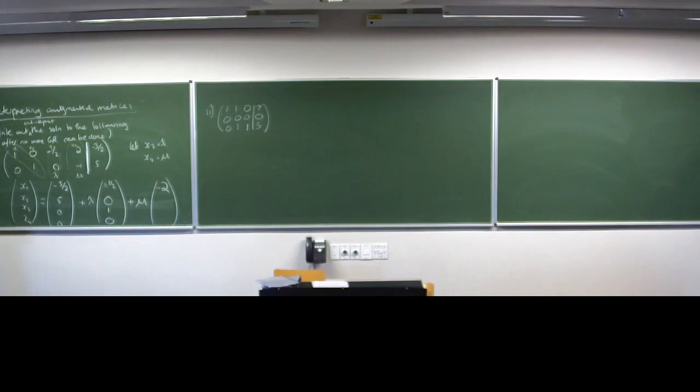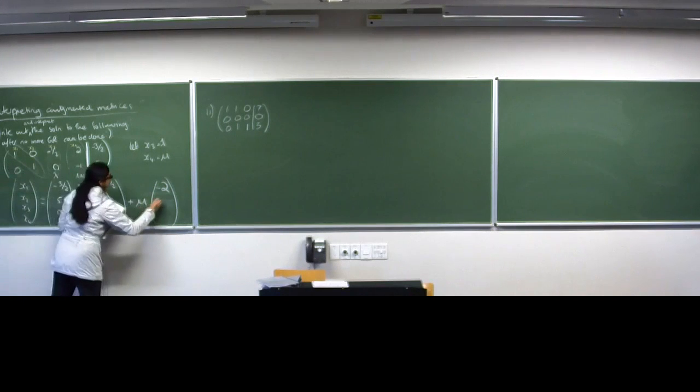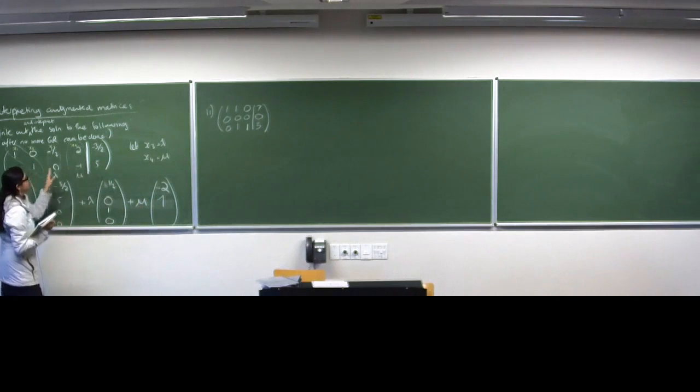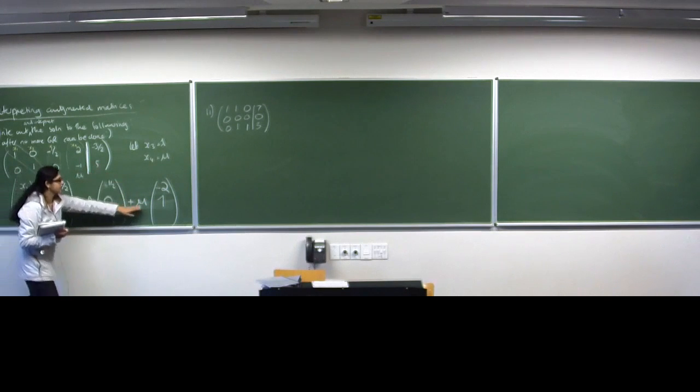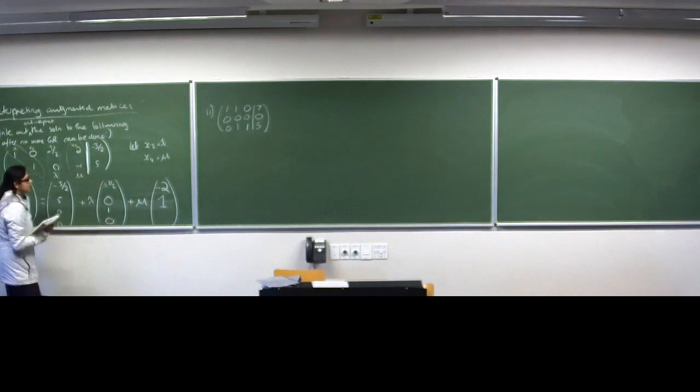All right? Then this row, x2 is equal to 0 lambda plus mu. Sorry, 5. Sorry, there was a 5 first. 5 plus 0 lambda plus mu. So there's your 1. Then we're saying x3 is just simply lambda.